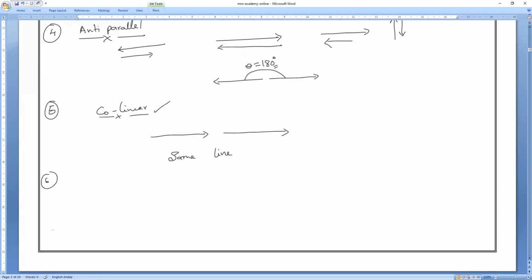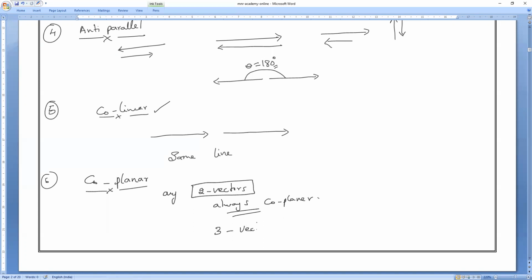Next one, coplanar vectors. In mathematics you all know coplanar. If you take any two vectors, not one, they are always coplanar. Not only two, three vectors may or may not be coplanar, but two vectors are always coplanar.